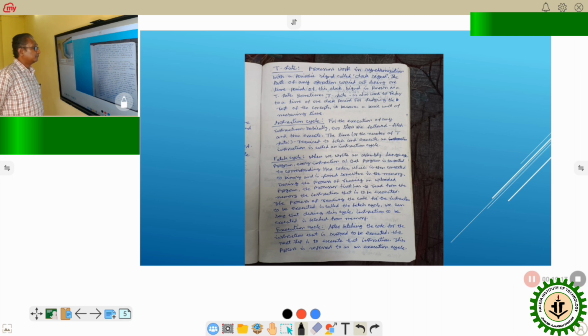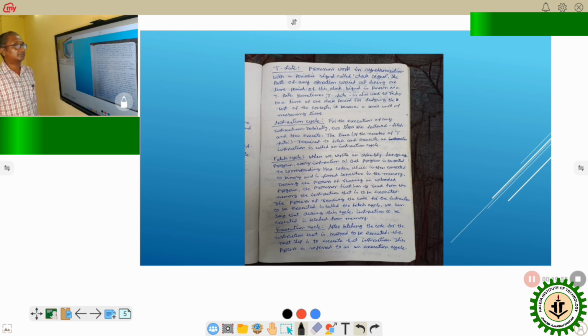Next, fetch cycle. When we write an assembly language program, every instruction of that program is converted to corresponding hex codes, which are then converted to binary and stored somewhere in the memory. Hex code means the hexadecimal number system.